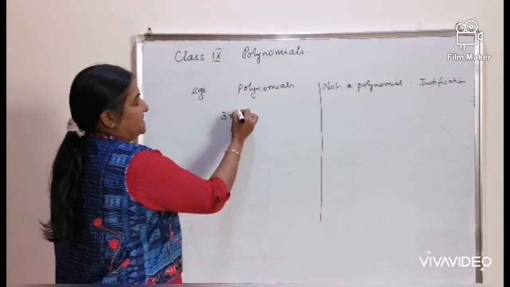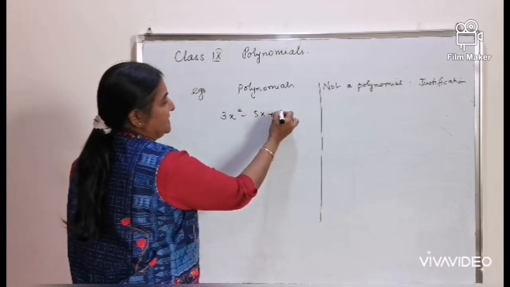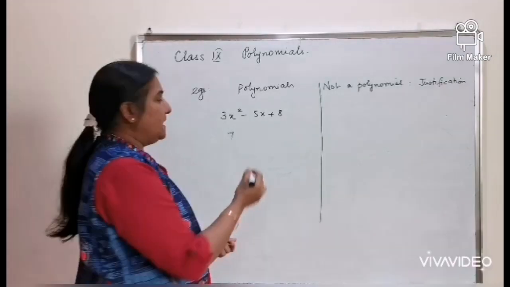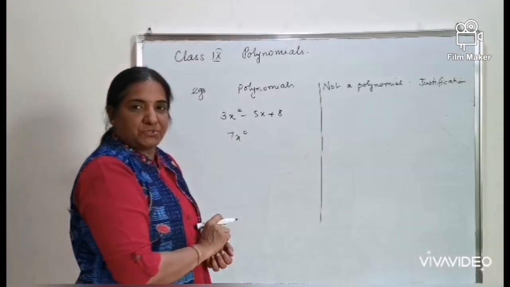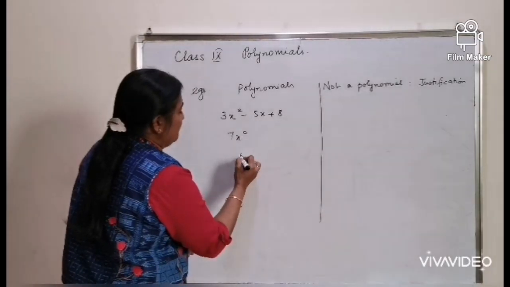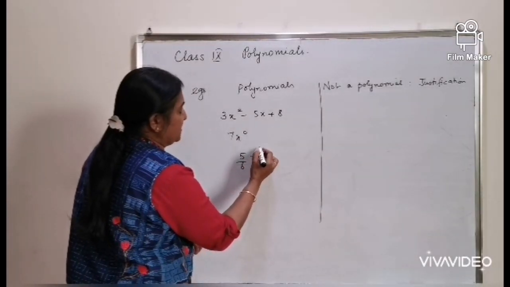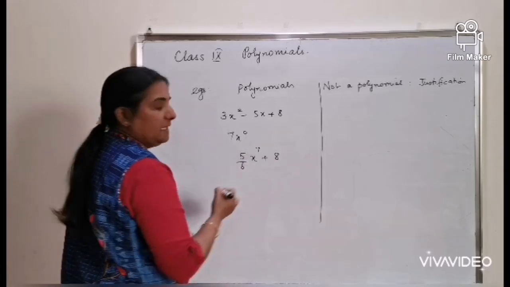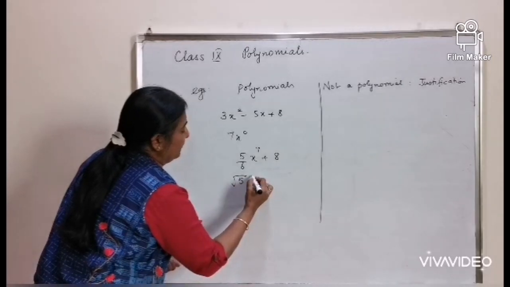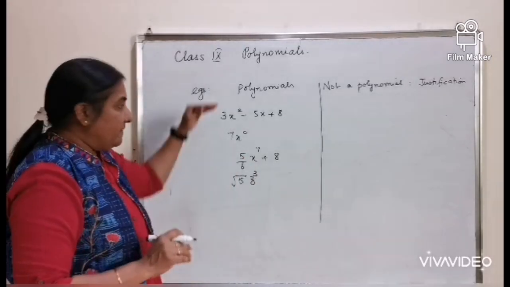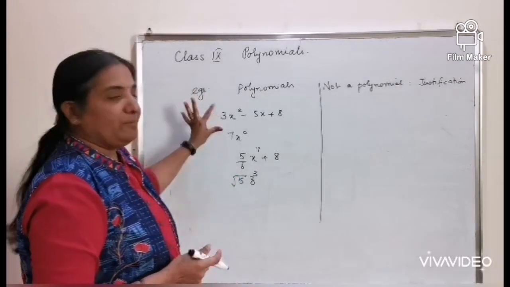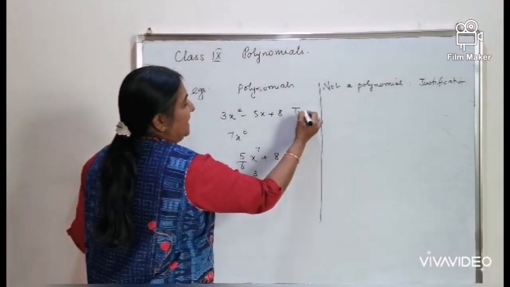2 or 3 examples. 3x square minus 5x plus 8. 7. It's a constant, but still it can be written as 7x raised to 0. Or polynomials of the form 5 by 6 x raised to 7 plus 8. Or root 5 z cubed. These are all examples of polynomial. A polynomial of 3 terms, trinomial.